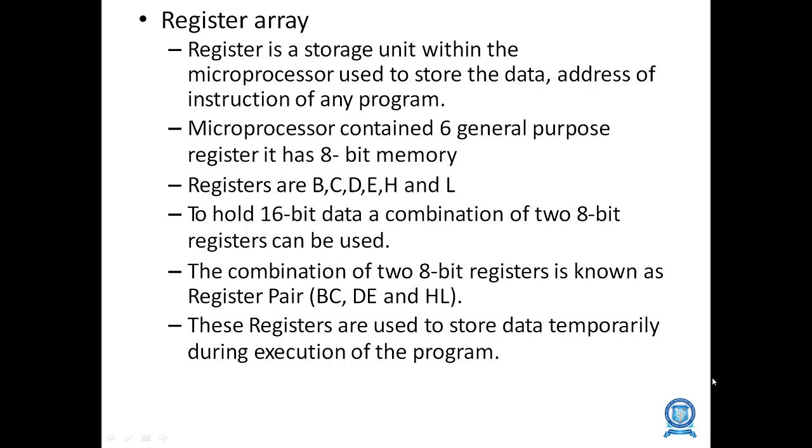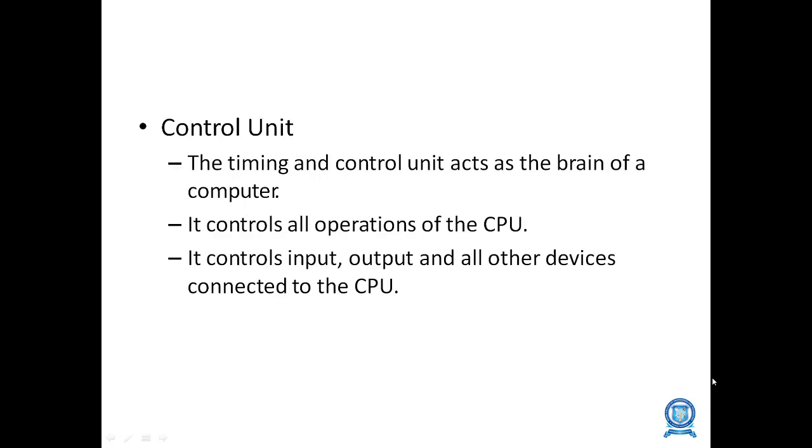The combination of two 8-bit registers is known as a register pair, like BC, DE and HL. These registers are used to store data temporarily during execution of the program.